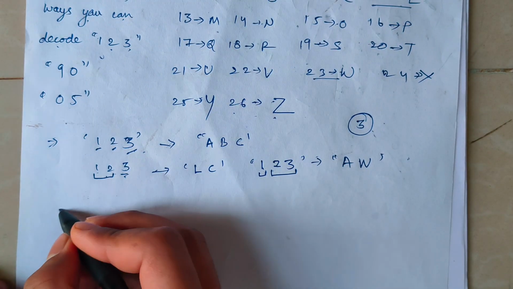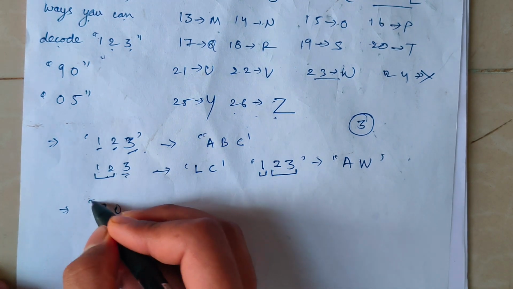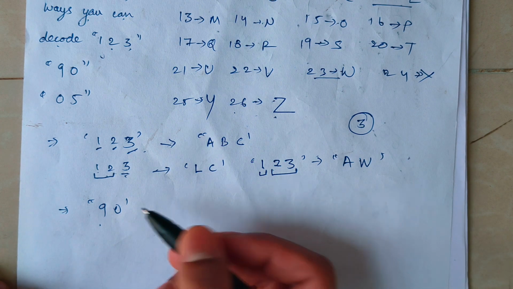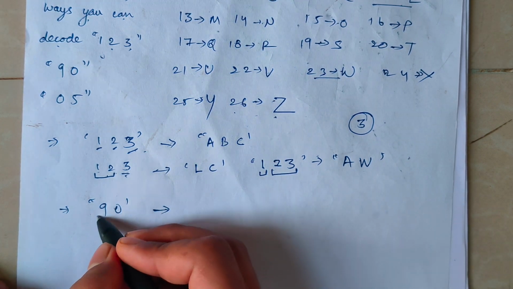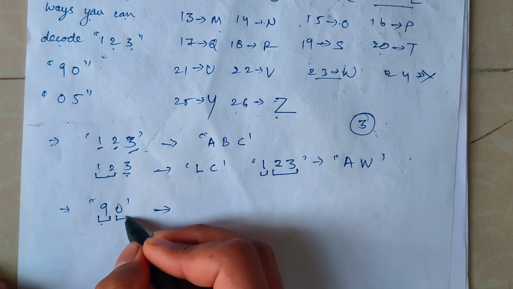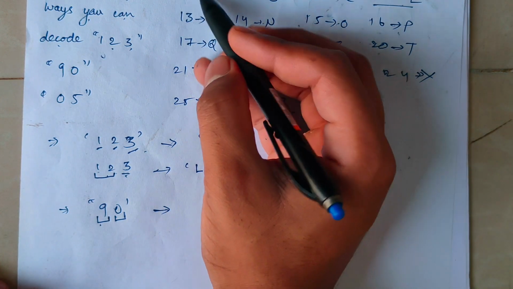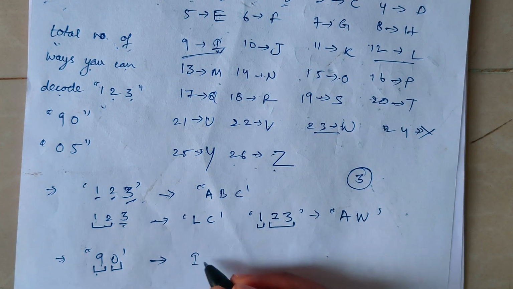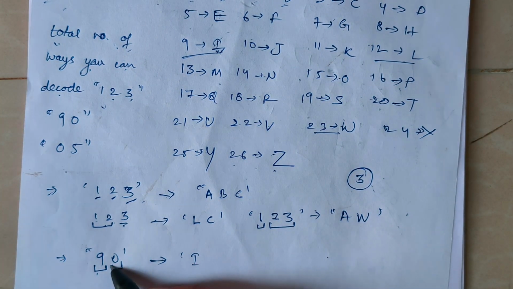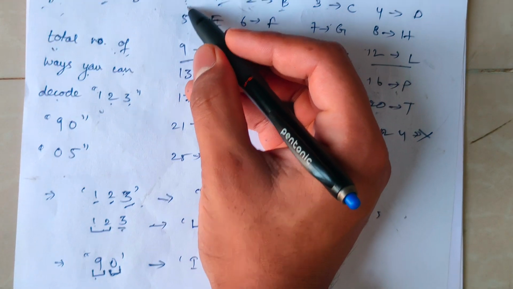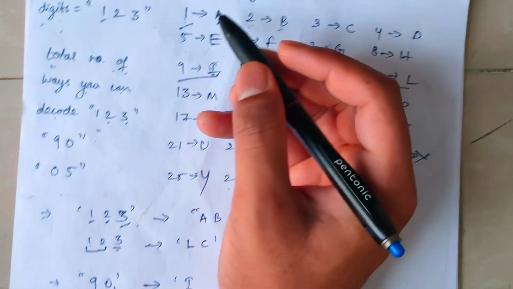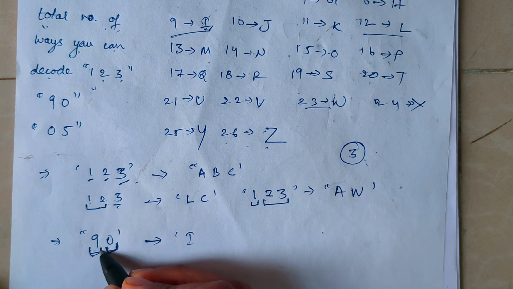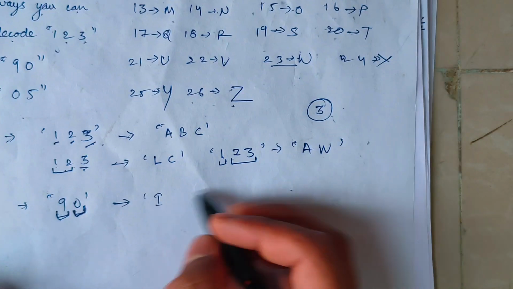Another example is 90. So one way could be we take 9 and 0 separately. 9 is mapped to I here, but 0 is mapped to nothing because the mapping starts from 1, so we cannot take it separately.